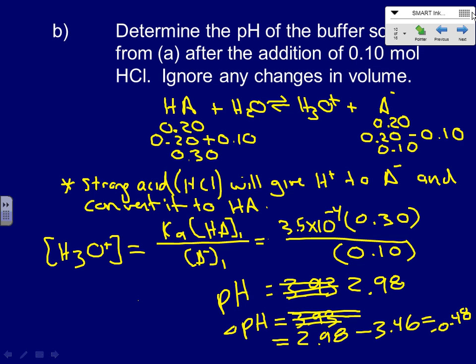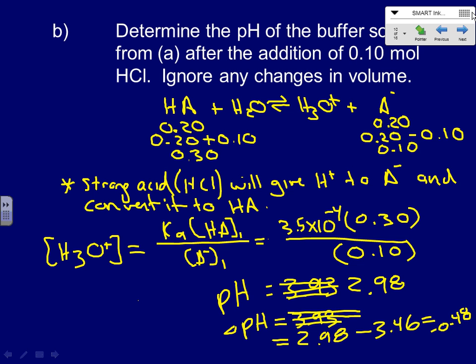We have added 0.1 mole of HCl to a buffer, and its pH changed by 0.48 pH units. If I add that same acid to pure water, it means that I'm going to start with a pH of 7, and when I add this, I'm going to have HCl concentration of 0.10 moles per liter, right?